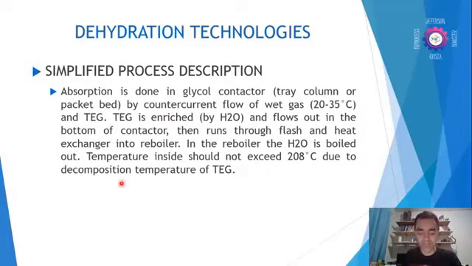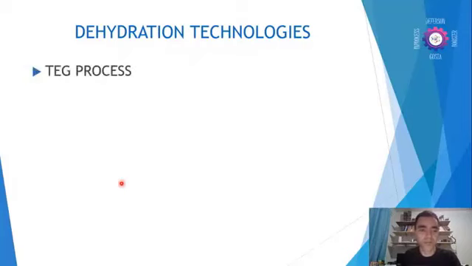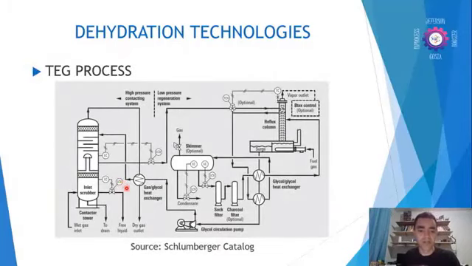And here I have in the presentation a simplified process description. I will not read that because I will show you a process flow diagram, or a schematic, related to the TEG system. So it is very similar to the condensation system.